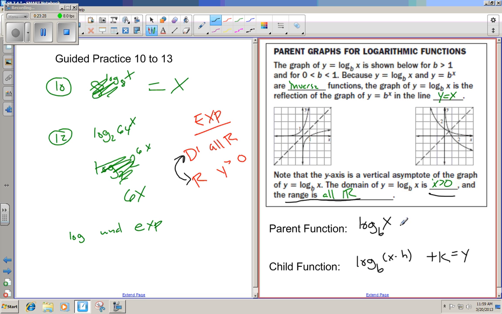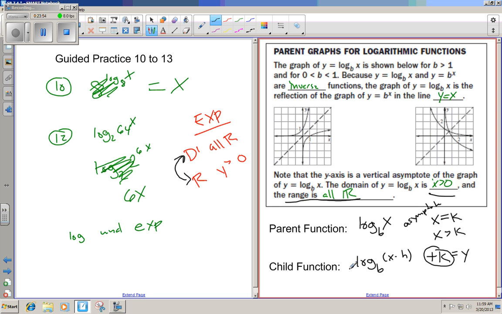But the information you need to know here is that your asymptote is at k, but instead of y equals k, your asymptote is x equals k. The domain is x greater than k.